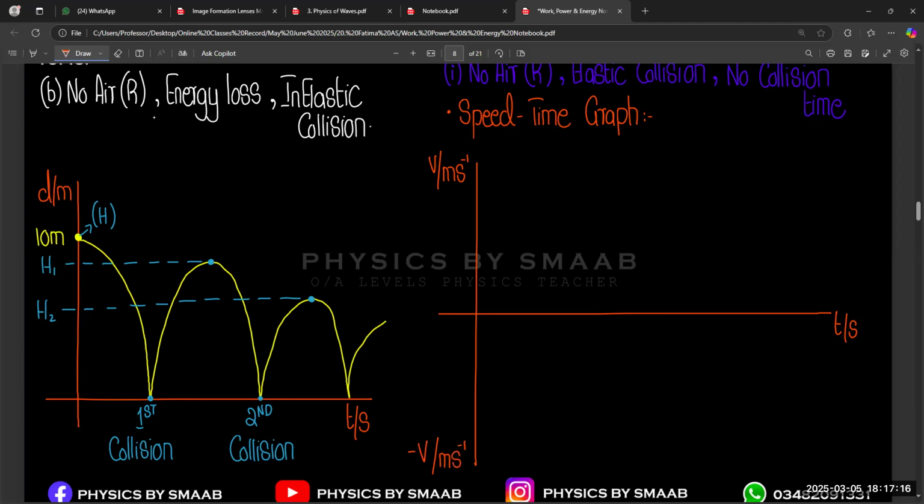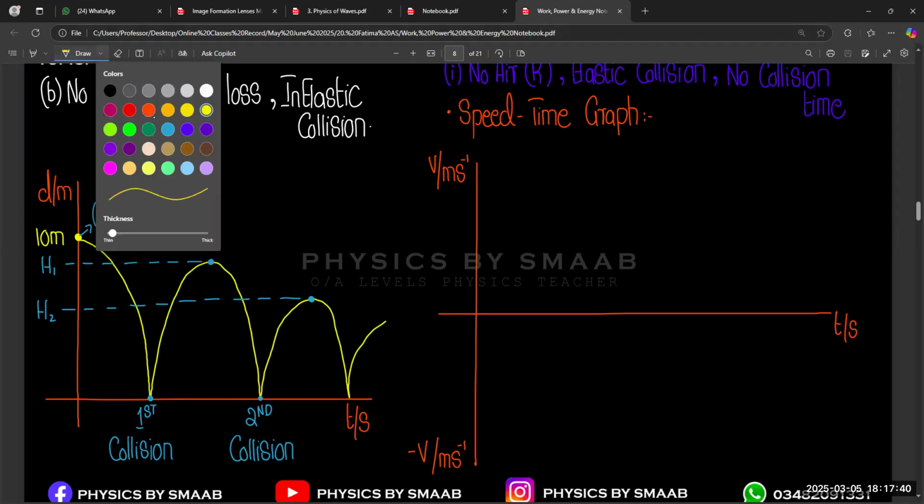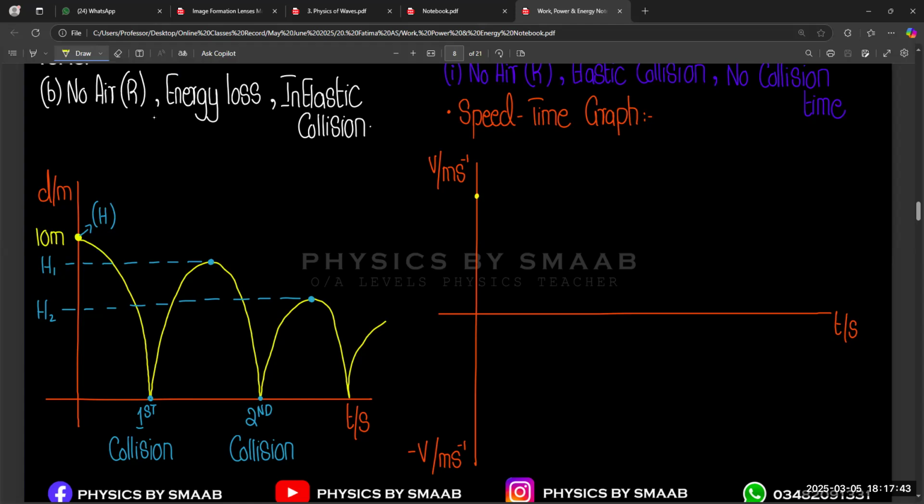Negative means opposite direction. So in this graphical representation, for example, if we drop a ball, just like you mentioned for the last graphical representation that it must be a straight line or a constant line, this time we have a speed time graph, so now we are going to use that straight line idea. For example, again if we consider maximum height, if we drop from the same height, 10 meters, let's suppose, it will remain 10 meters throughout the graphical representation.